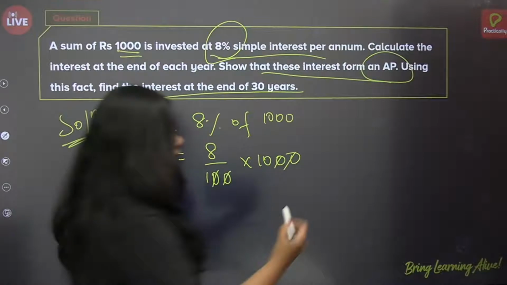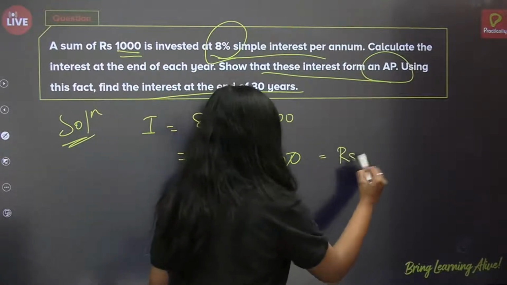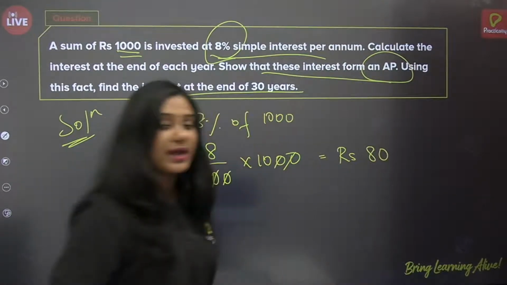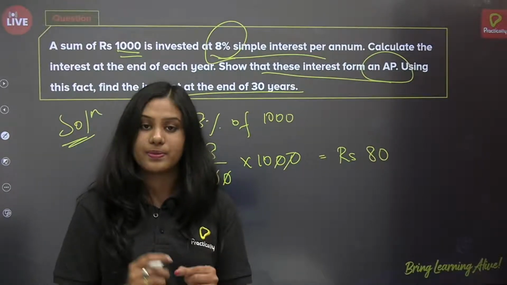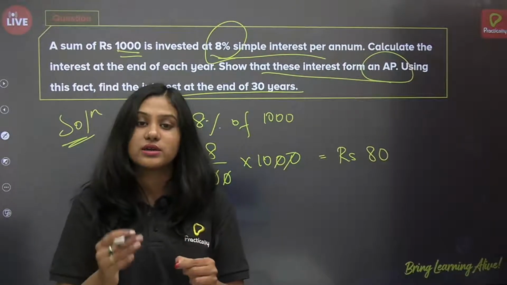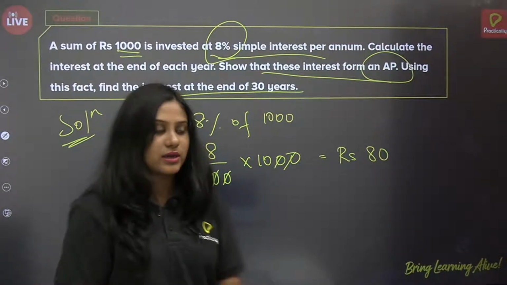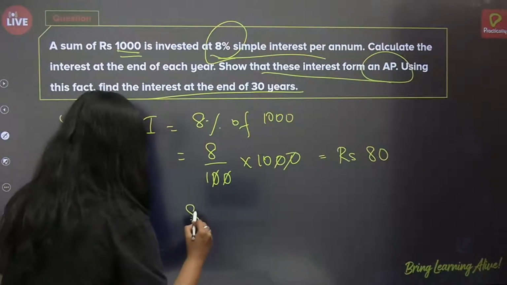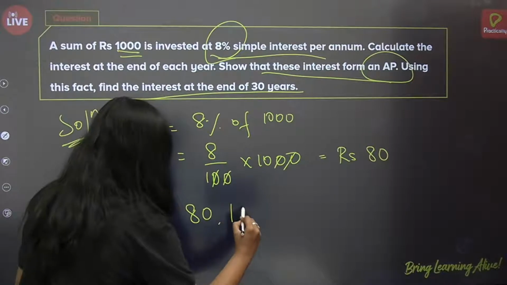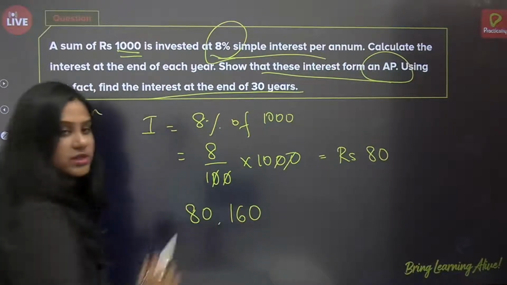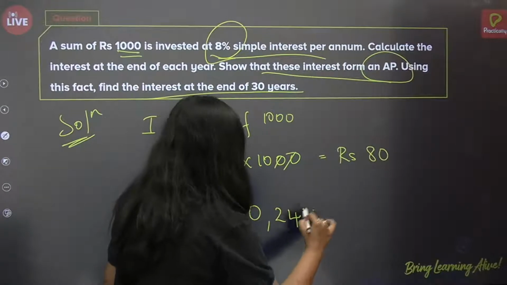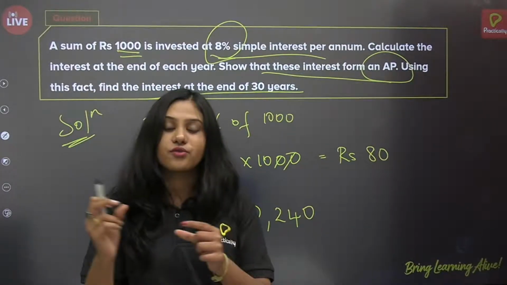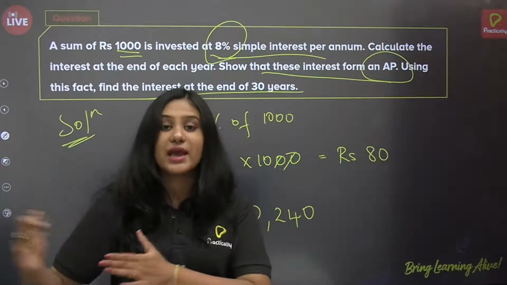That is nothing but 80 rupees. So for the first year, interest will be 80. What will be for the next year? 160. For 2 years, it is 160. For 3 years, it will be 240. So there will be a difference of 80 with every year.